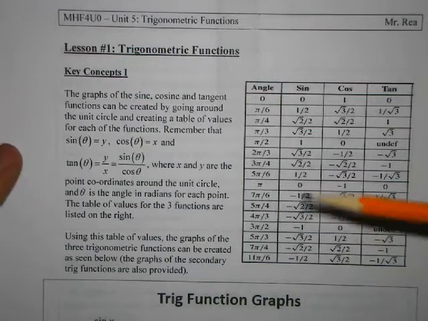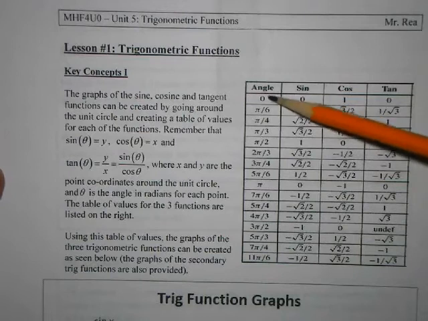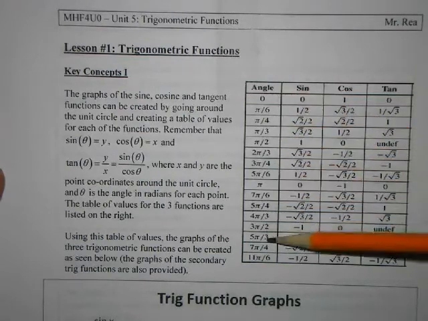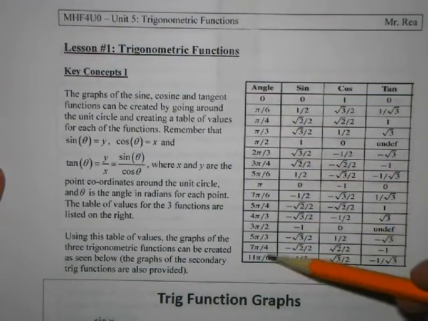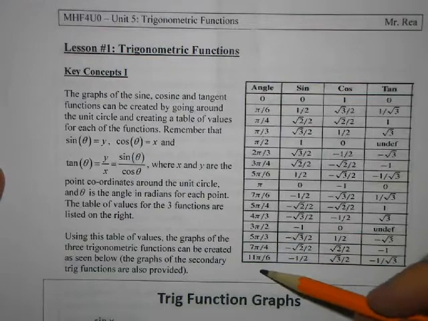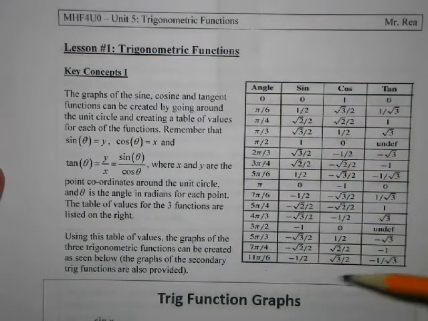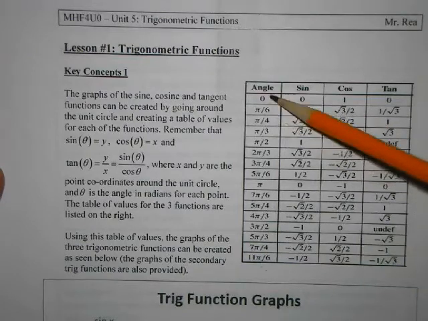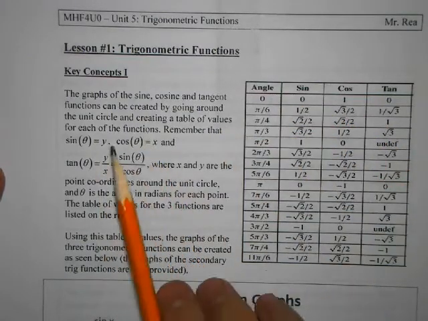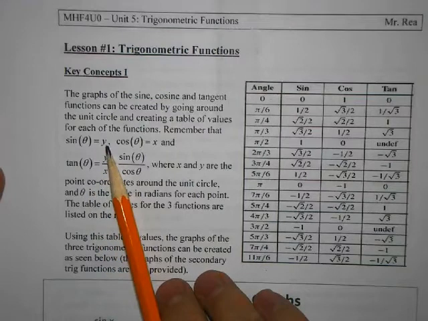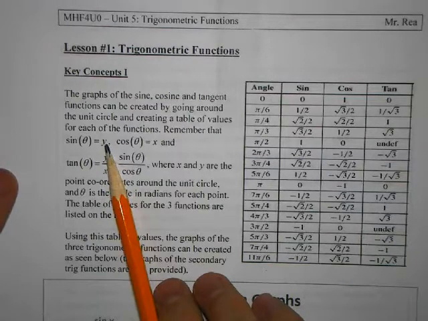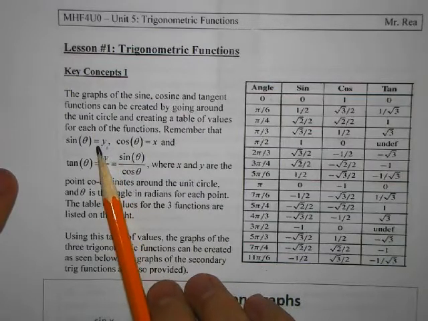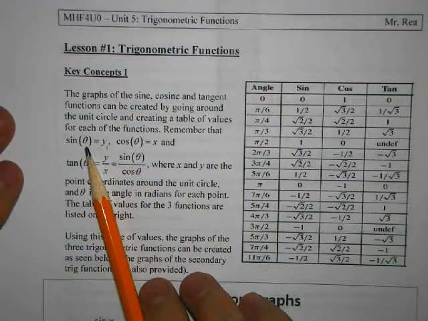Okay, so what do these functions mean? Well, if you see this first column here, these are all the angles as we go around the unit circle in radians. It's left off 2 pi here, but 2 pi is really the same as 0, so you just get back to where you started. As we go around the unit circle and we have those coordinates around the outside, like 1/2, √3/2, 1, 0, whatever the y coordinate of that point is for that given angle, that's the sine of that angle.